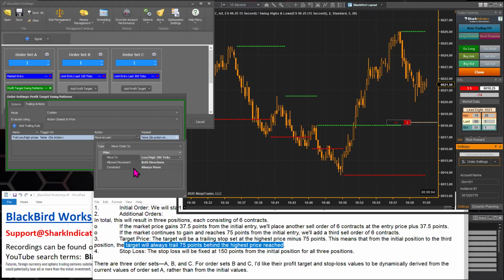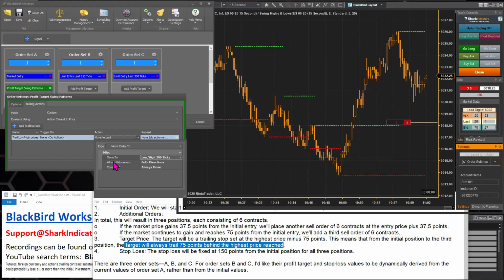That is it. Because this is a profit target, we need to go in and adjust the allow movement here. You can see right now it's set to both directions, but we want to restrict this like a trailing stop loss.